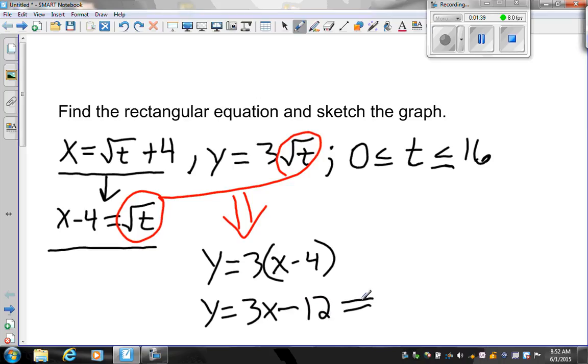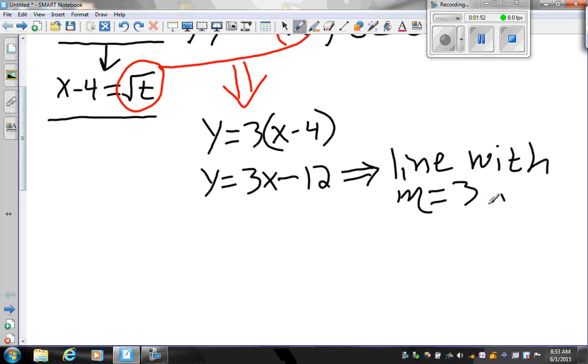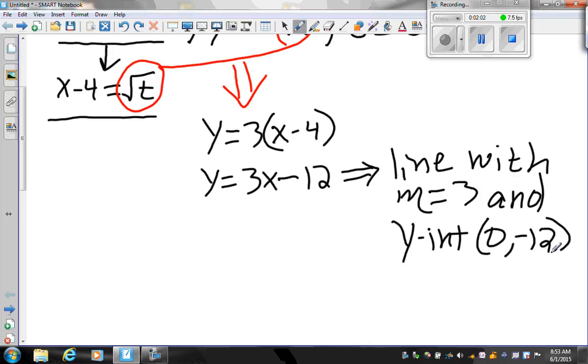This is a line with slope 3 and y-intercept (0, negative 12).